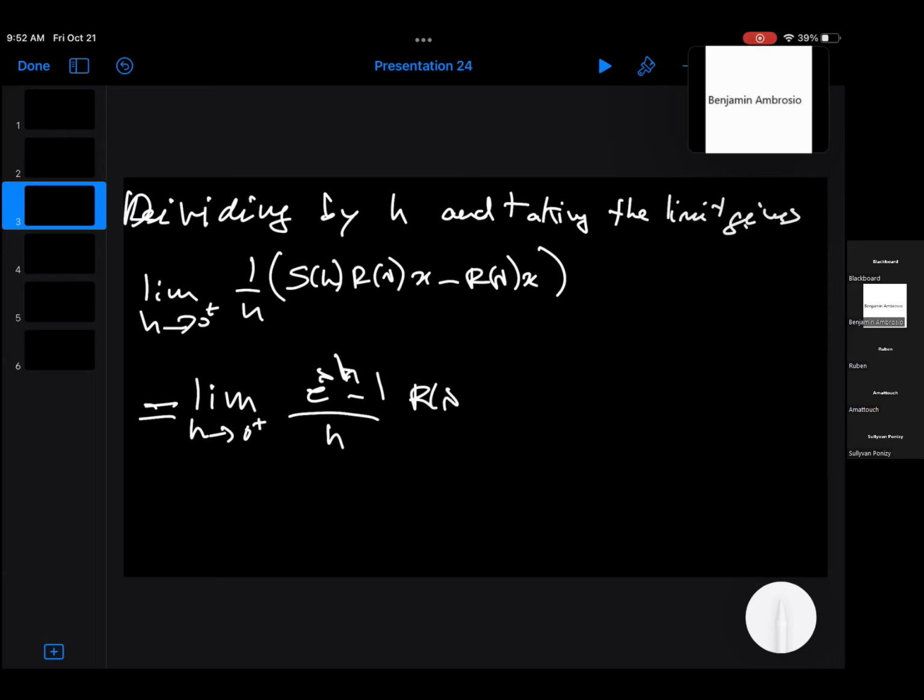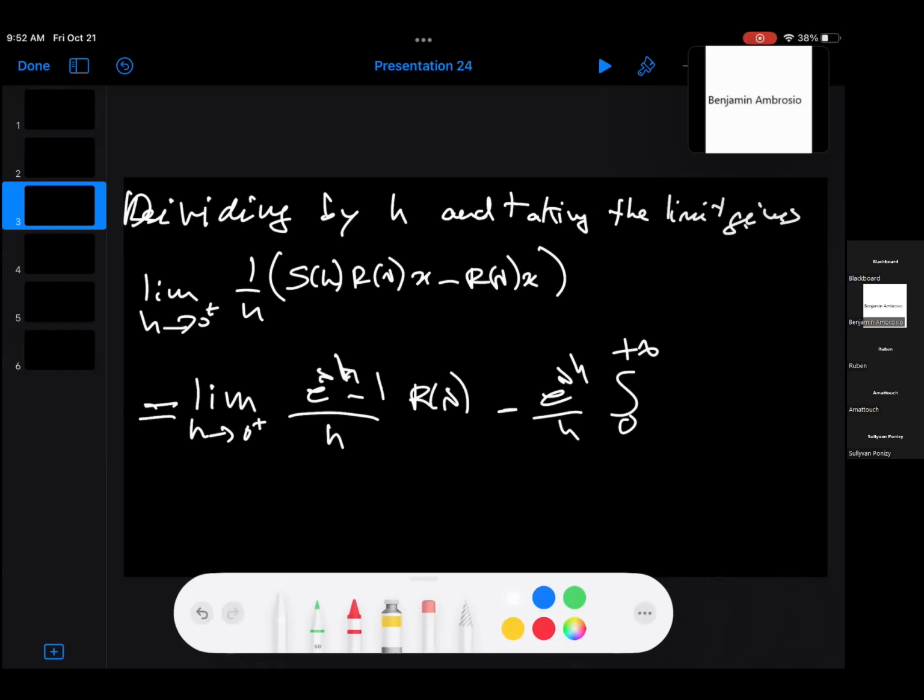This term is R lambda, I wrote it, minus exponential lambda h divided by h, integral between 0 and h, this is h now, of... All right, so when h goes to 0, what's that?